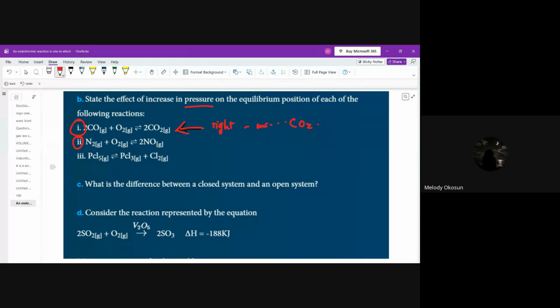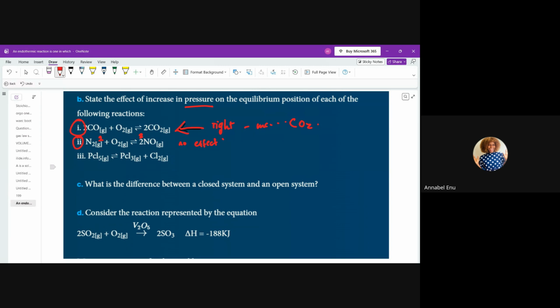No effect. Very good. There will be no effect. Why? Because there is no difference in our number of molecules, and so there's no effect of pressure. We don't know where pressure will be moving towards. We don't know what will be yielding more.